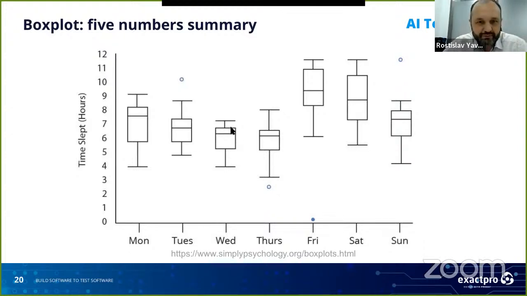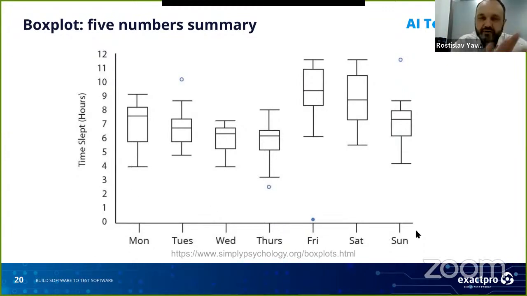So you have Wednesday, where the average is even smaller than Tuesday, and Thursday is even below, but Friday becomes much better. You see even the minimum is 6, but the first quartile starts above 8. So you have a 5-number summary for each day.